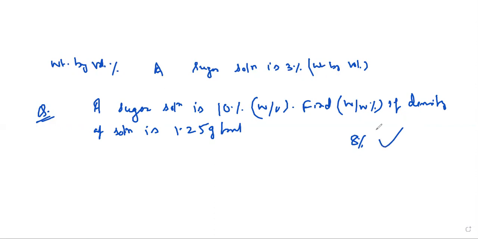Yes, ma'am. So from density, what did you calculate? Ma'am, the weight of the solution. Mass, because volume and density are there, so you can calculate the mass of the solution. Yes, ma'am. Next question is similar to this. A sugar solution, or any solution, is 10% weight by weight.